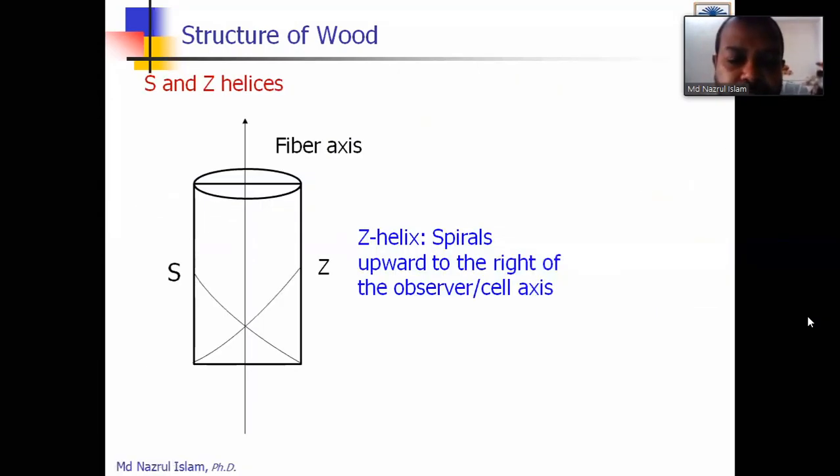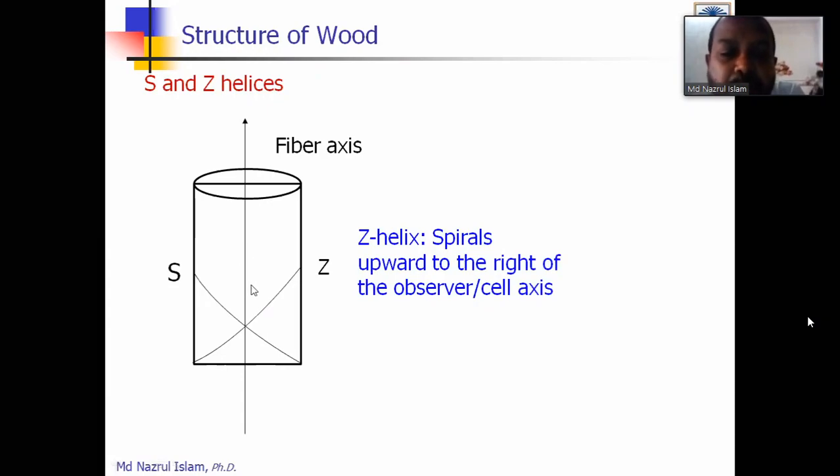This is one cell fiber, and it has an axis. In the S1 layer, some of the lines come from left to right and some from right to left. Let's think that the line is coming from left to right. So it makes some angle with the cell axis.